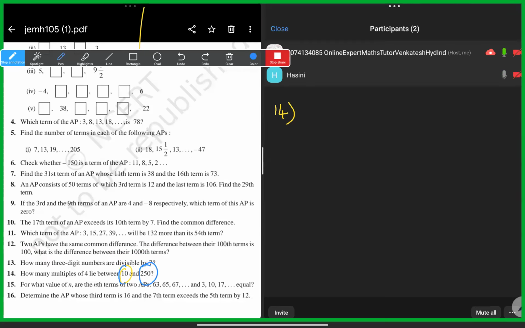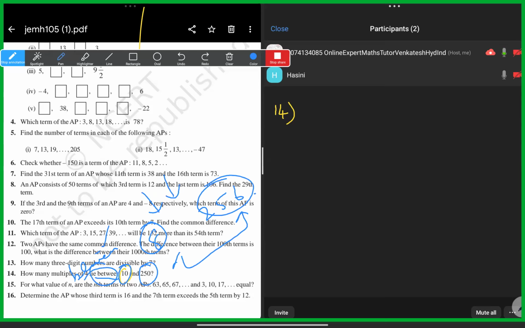Like suppose here 8 and 256 are given. If they say between 8 and 256, 8 is actually a multiple of 4 and 256 is also a multiple of 4, but we should not include them. Other than those, only the middle ones we should take if the question says between.